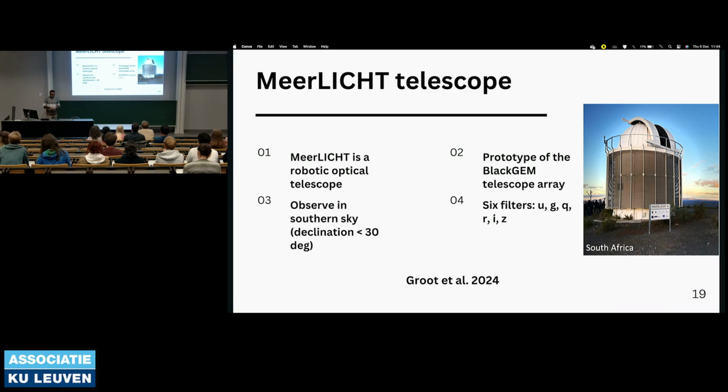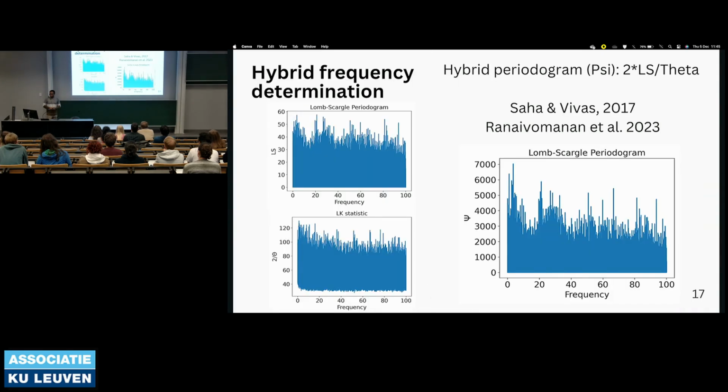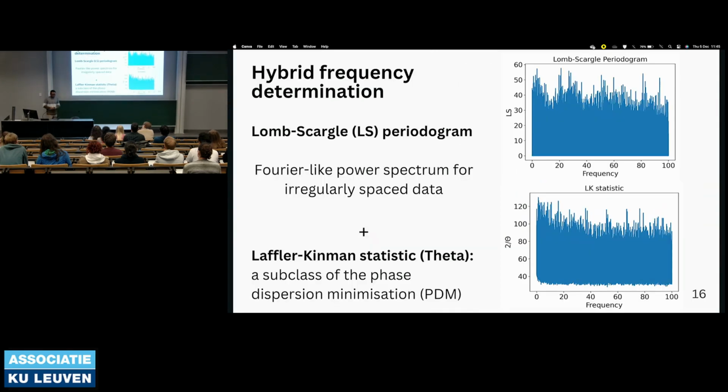But research shows that we can also use 25 observations to be able to detect the variability in the light curve data. And how do we deal with this? We use the Lomb-Scargle periodogram.